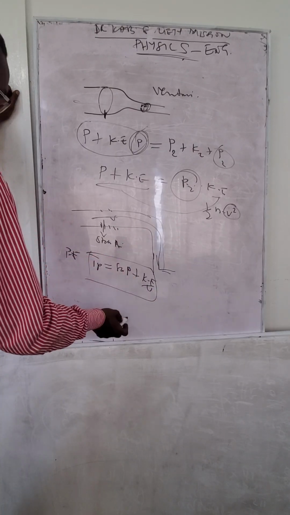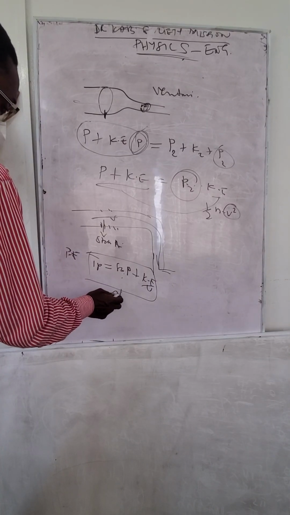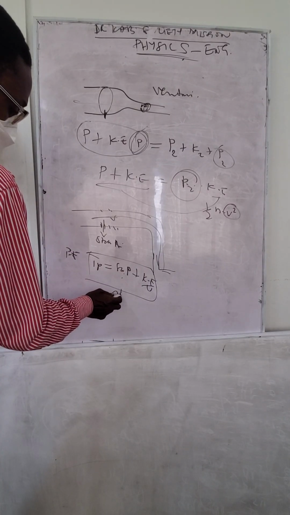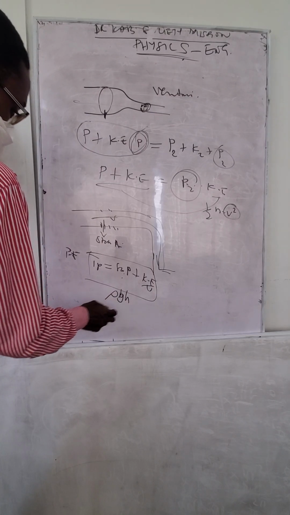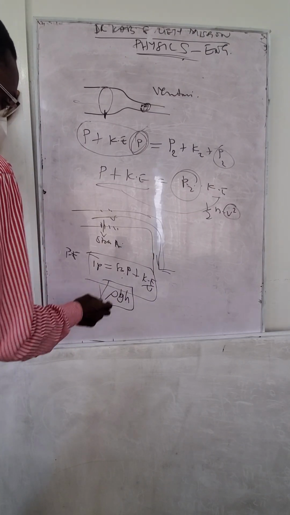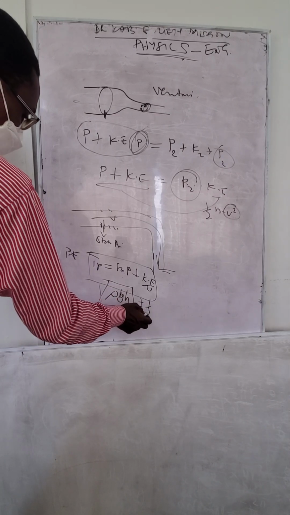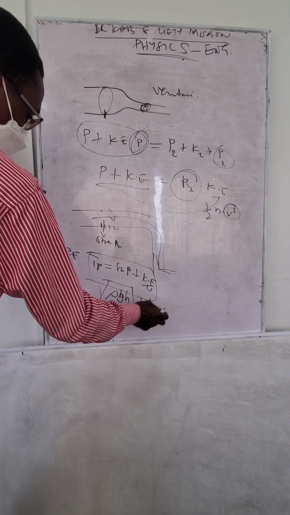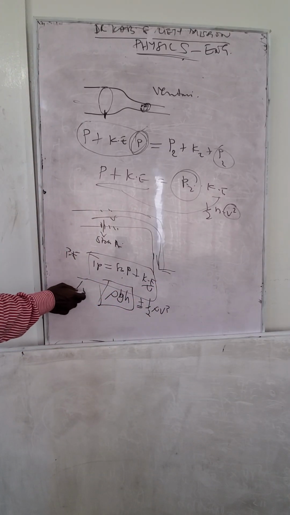Depending on what you want, if you want density, pressure is given by rho times gravity times height. That is it. So depending on what you want, this is an expression like that, and this is the total pressure.